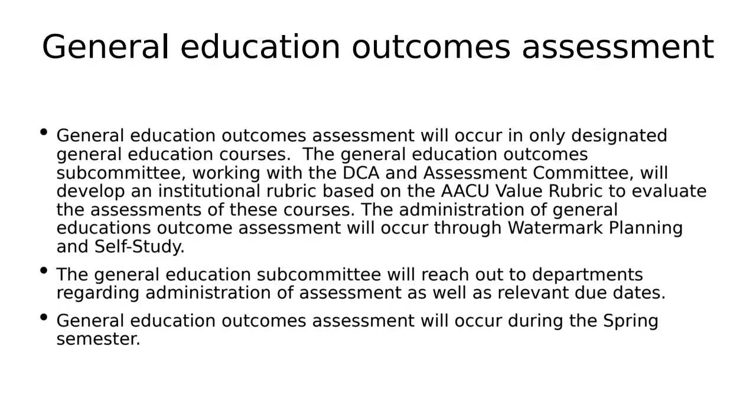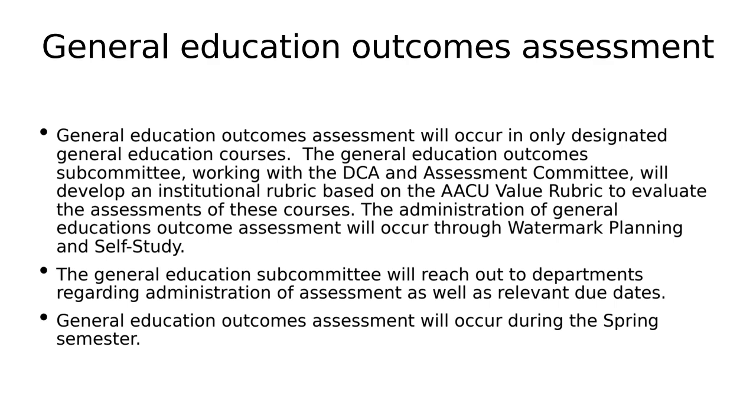The last type of assessment that I would like to discuss is general education outcomes assessment. What's going to change is that general education outcomes assessment will now only occur in designated general education courses. The General Education Outcomes Subcommittee will develop an institutional rubric based on the AAC&U VALUE rubric, which we've been using over the past few years to evaluate the assessments in these courses.